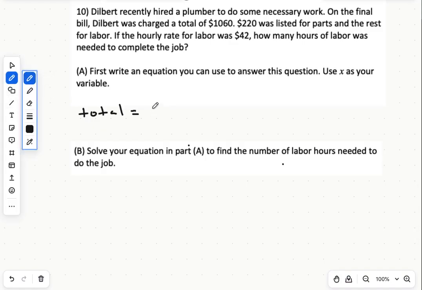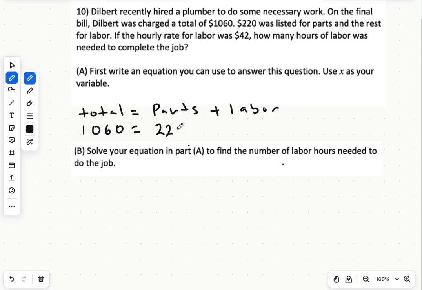So we know the total is going to be parts plus labor. And we know the total amount was $1060. We know the parts was $220 in parts. And then the labor is $42, and we want to use x as our variable.